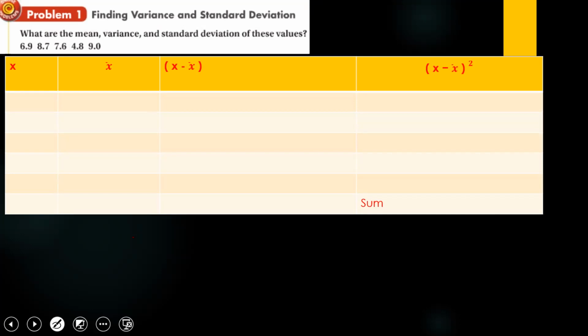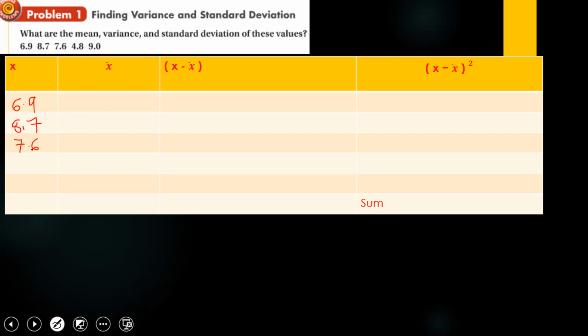Here we have 6.9, 8.7, 7.6, 4.8, and 9. The first step is to make this table.